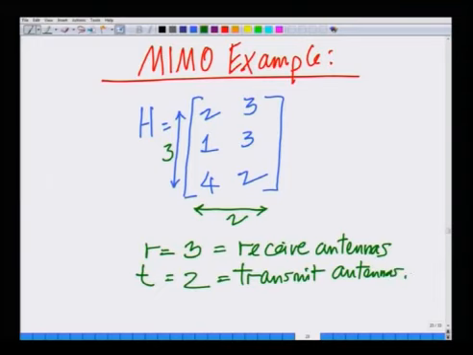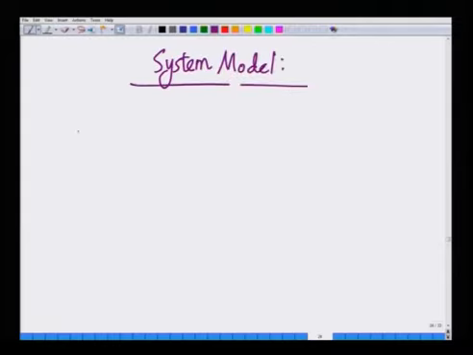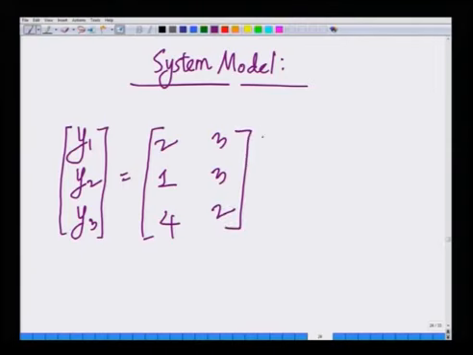Now, let us write the system model that we have written before. The MIMO system model for this is given as: Y1, Y2, Y3, which are the symbols received at the 3 receive antennas, equals the matrix [2 1; 4 3; 3 2] times x1, x2 for the 2 transmit antennas.